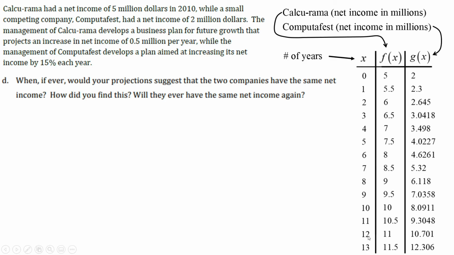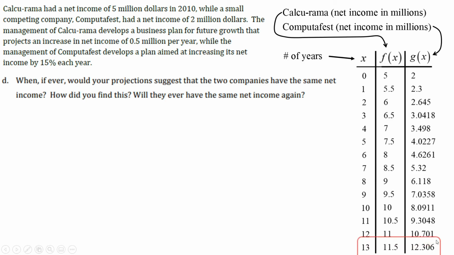At year 12, okay, Calculorama has a net income of $11 million. And ComputerFest has a net income of 10.701. But then during that 12th year, at some point, well, at year 13, Calculorama's at 11.5 million net income. But now look at ComputerFest, 12.306.